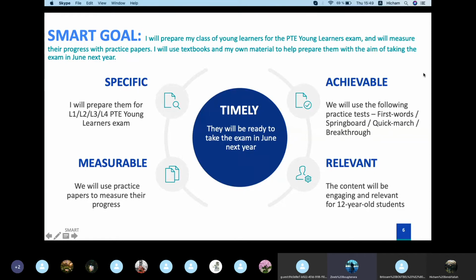Let's see the criteria of the SMART model here, and we can say that we will prepare my learners for level 1, 2, 3, and 4. The second criterion is how to measure the learner's progress. This would be carried out through practice papers where results or outcomes are recorded for each level to see the progress of your learners.